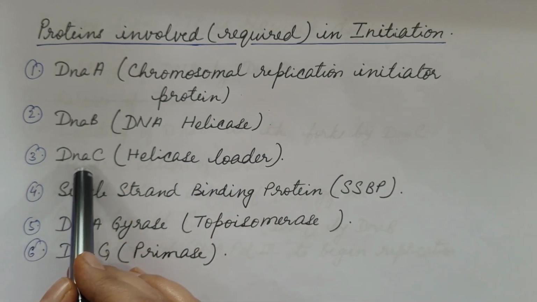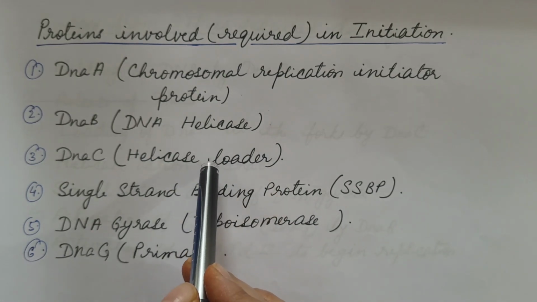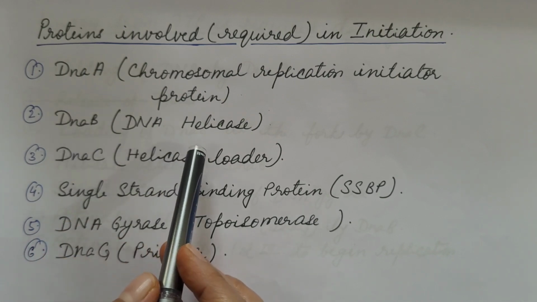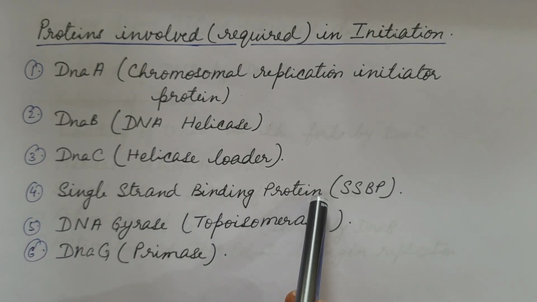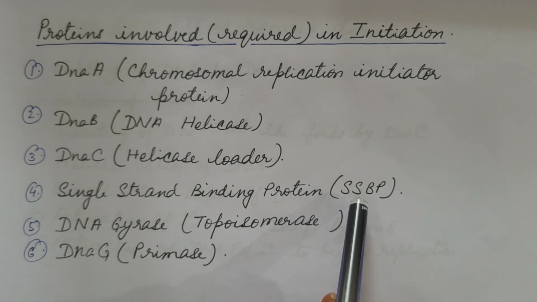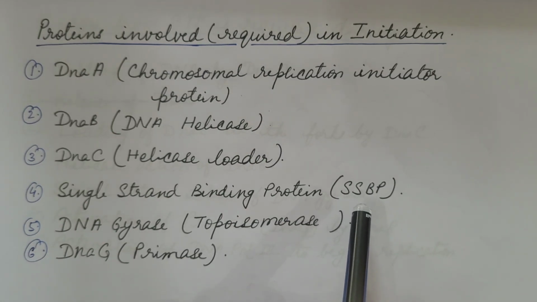Third is DnaC, which is the helicase loader, and it loads the helicase to the two replication forks. Fourth is single strand binding protein. These bind with the single strand of the DNA and help in the stabilization of the single strand and also prevent them from re-annealing or rewinding.